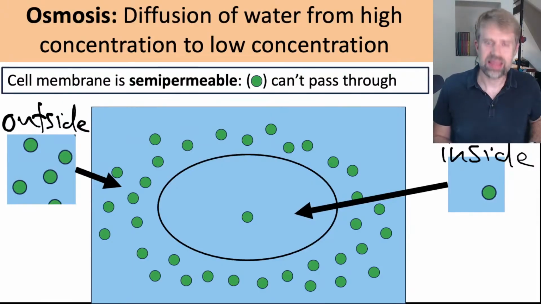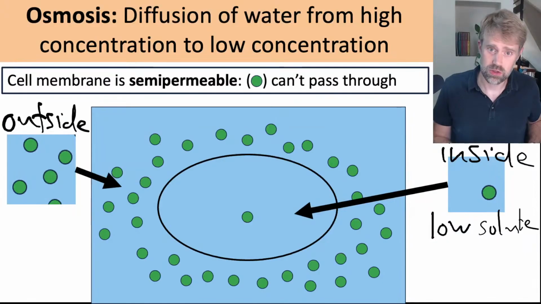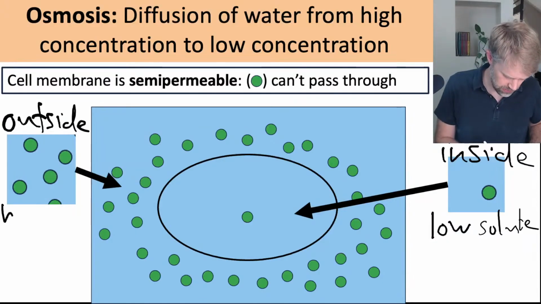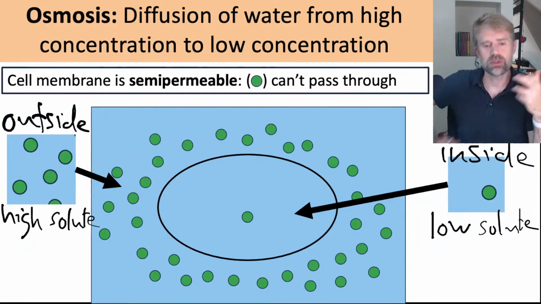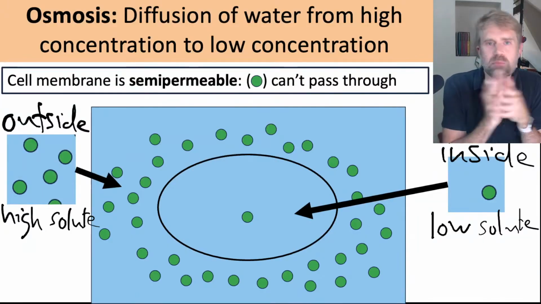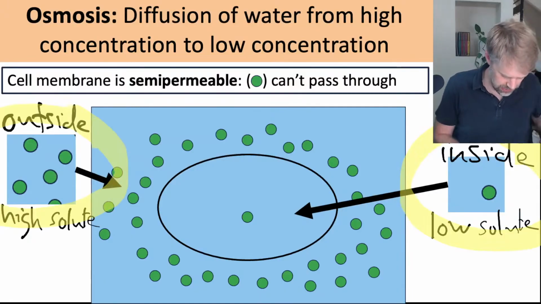On the inside of the cell, we have a low solute concentration. On the outside of the cell, we have a high amount of solute. But what about the solvent? What about the water? How much of that do we have? Compare the inside with the outside.